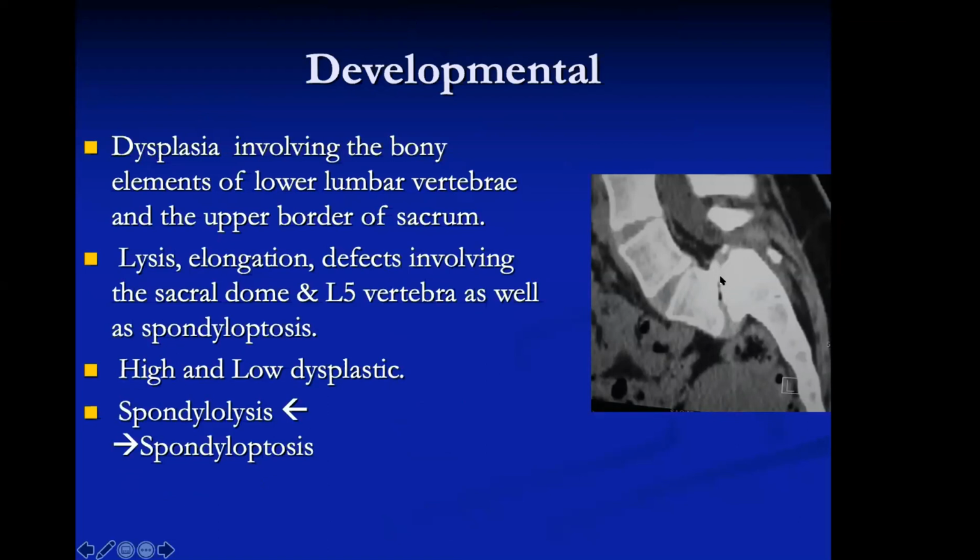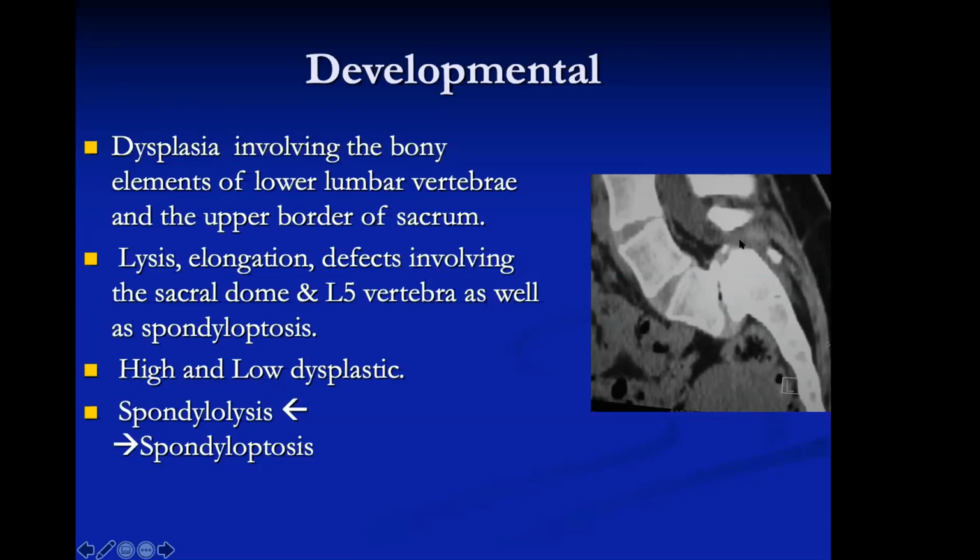So the more the rounding of the S1 superior end plate, the more convenient it is for L5 to slip on top of S1. So the severe grades of dysplasia result in spondyloptosis. The lower grades just result in spondylolysis.